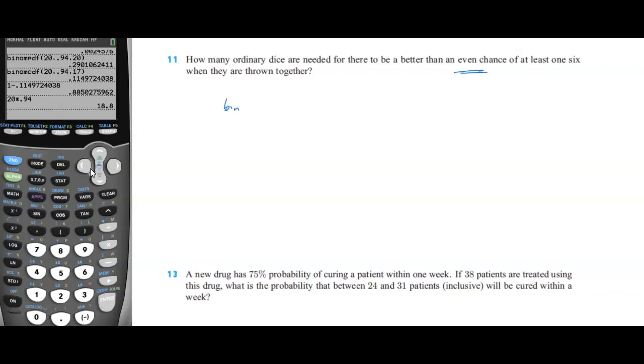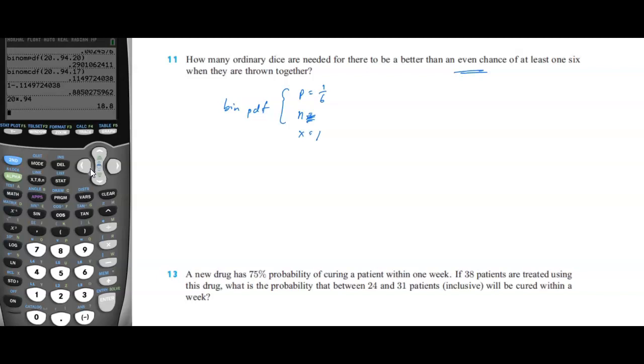We'll do binomial PDF, and there is a 1/6 probability of getting a 6, right? And n is going to be some number, however many dice we're going to have. And then the x is basically we want at least 1. So we want exactly 1 or more, right?